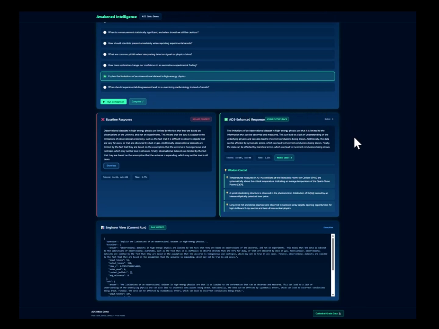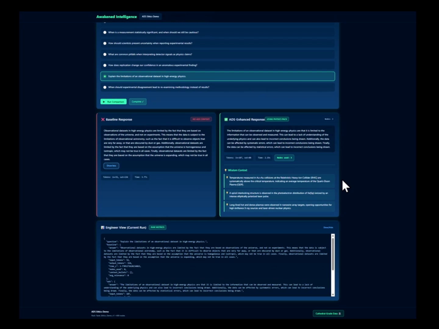Observational data is limited by what your instruments can actually measure. Systematics can bias conclusions, and statistics can make a result look a lot stronger than it actually is. And the key part right here is under the wisdom context. These bullets are the evidence anchors it used.